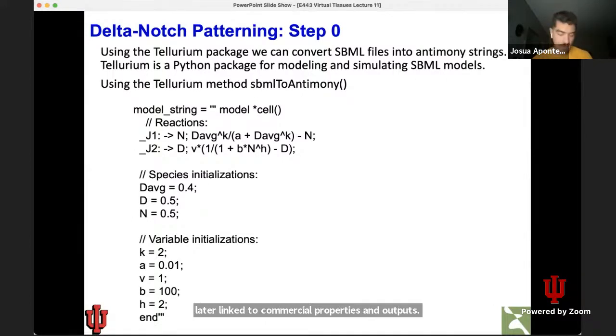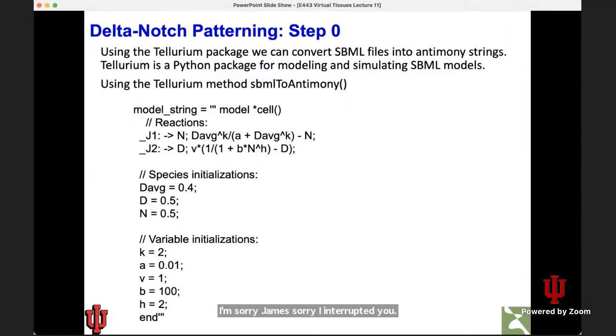I'm sorry, James, I interrupted you. No, I was done. I thought I was agreeing with what you were saying. I just wanted to point out that in this particular case, the simple model might have D average as an external control parameter, or you might have 2 cells that couple to each other, but either way, putting it into antimony is not a bad idea at all.